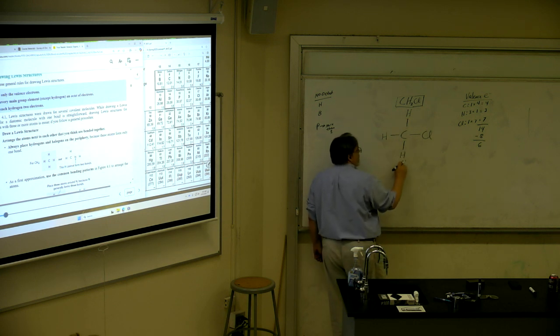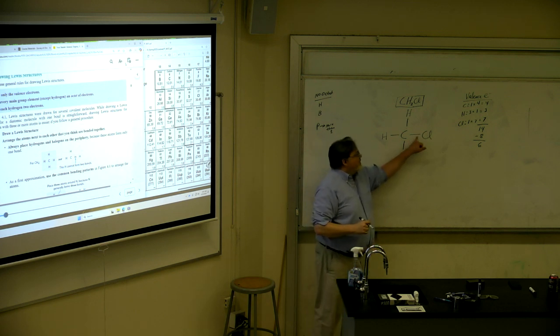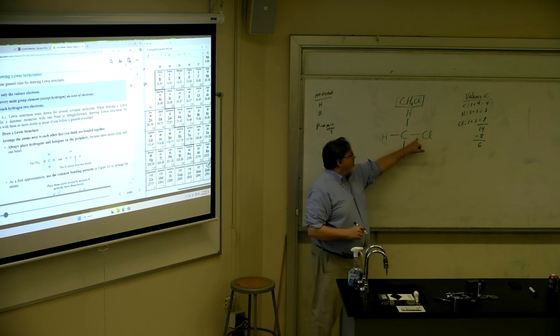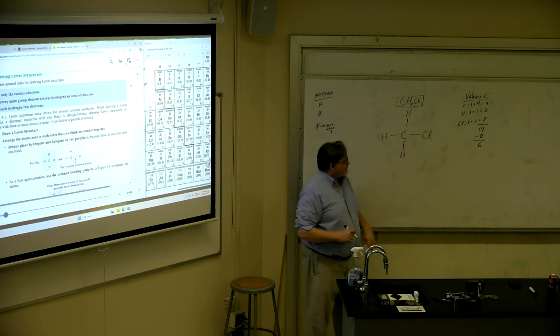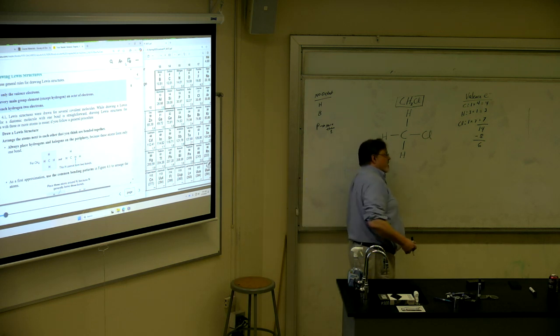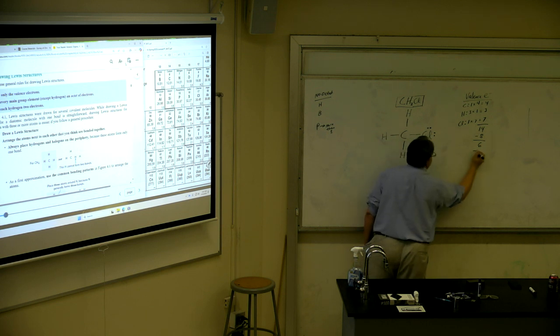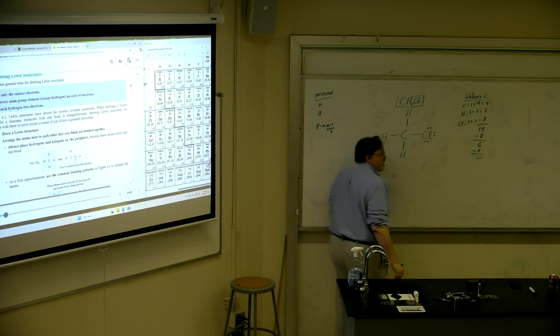So the hydrogens we're not going to add anything to, because we don't need to get an octet there. Carbon actually has an octet as it is. You count both of the electrons, or whatever it's connected to. So 2, 4, 6, 8, we've already got what we need around carbon. Now we're going to put pairs of electrons on the chlorine. We'll go 2 electrons, 4 electrons, 6 electrons, down to 0, and that's it.